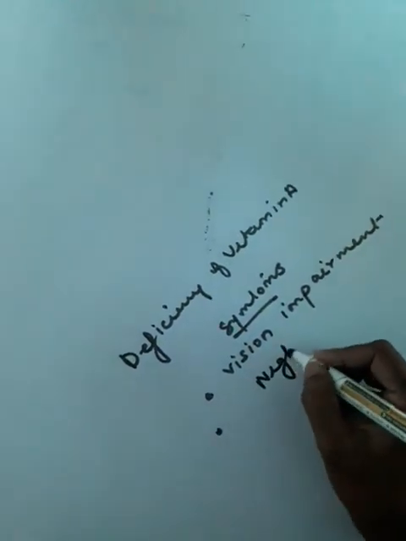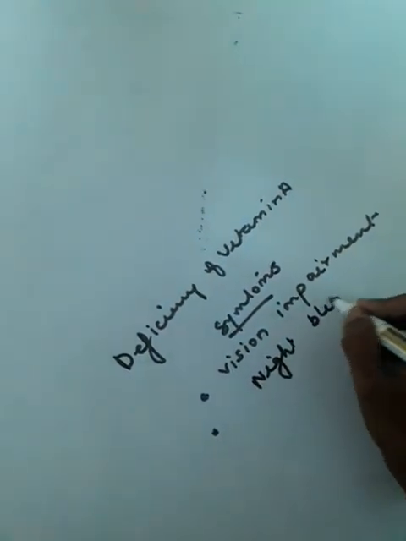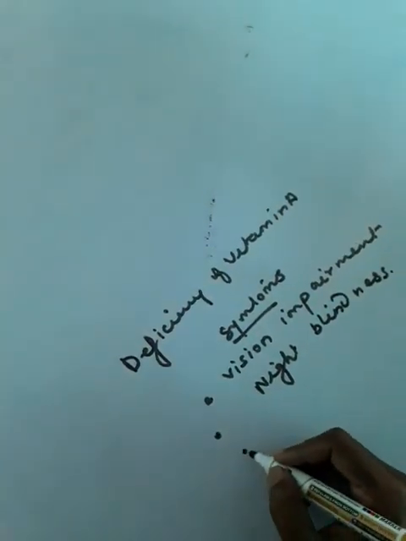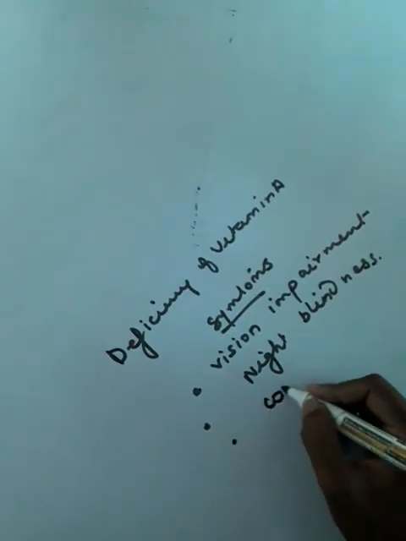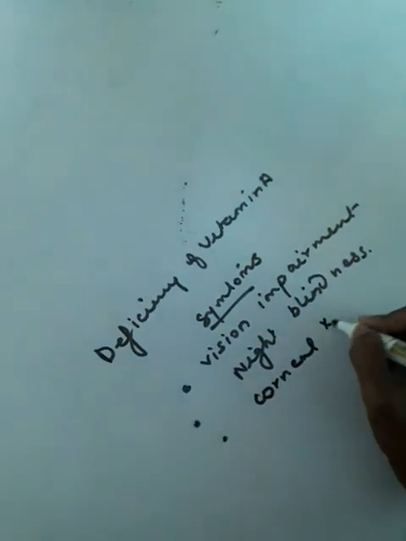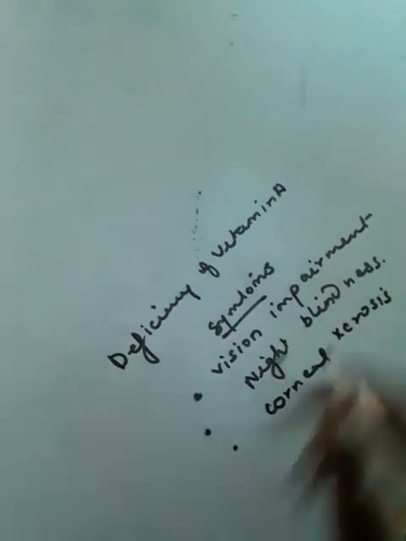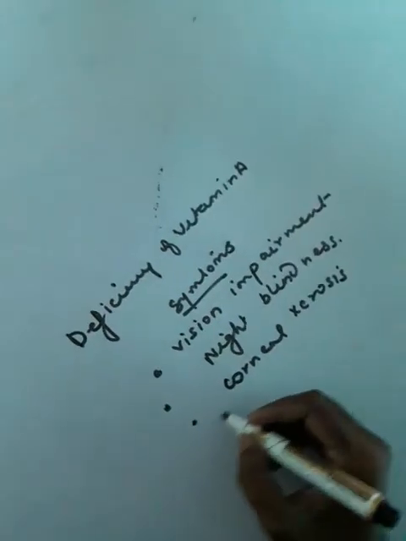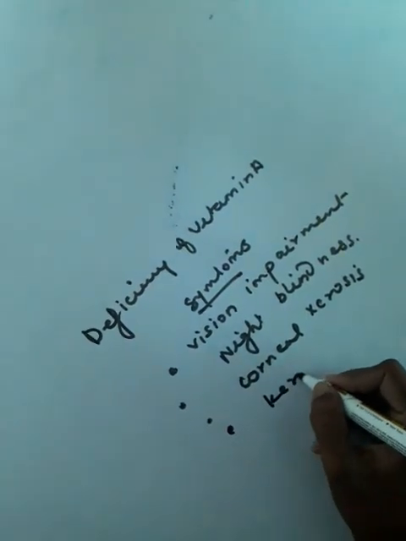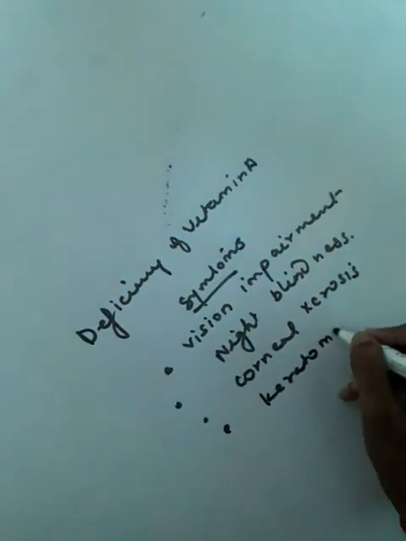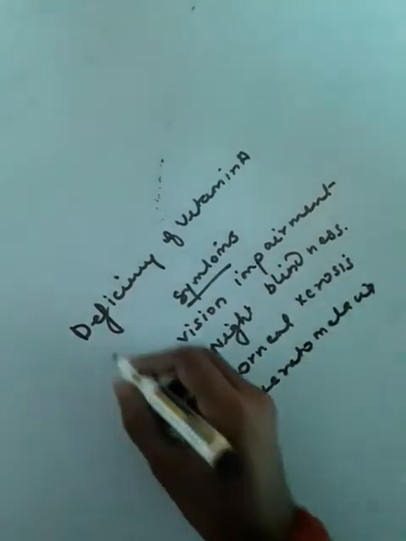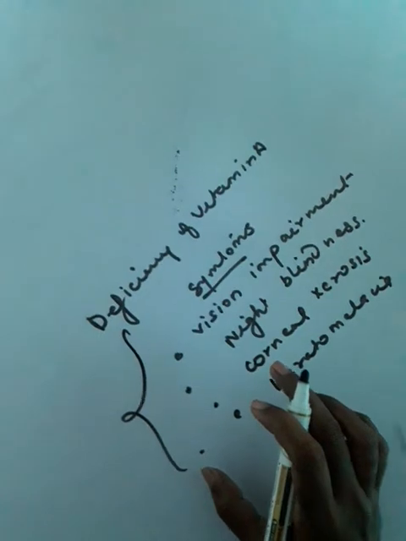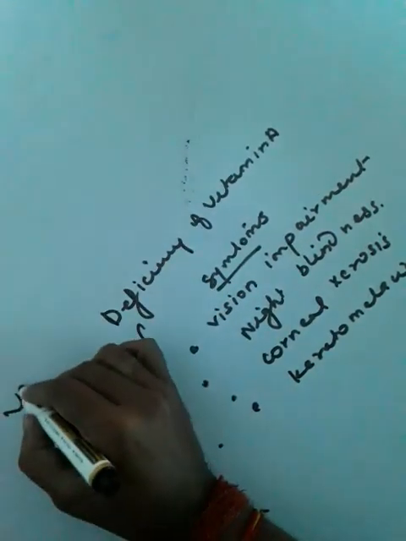So it is a form of vision impairment: night blindness and corneal cirrhosis also. And one disease is also called keratomalacia. So these are the symptoms that arise when you are not taking vitamin A. Okay, so it is all about vitamin A.